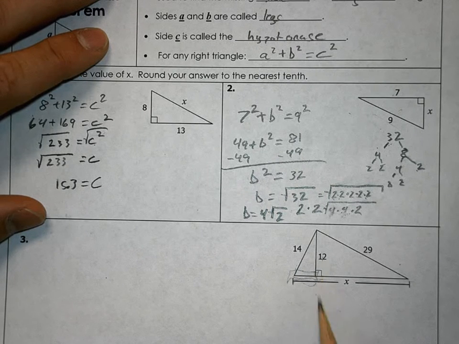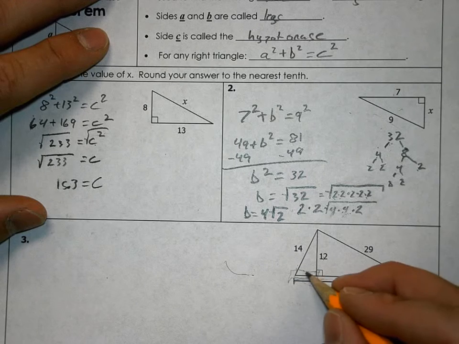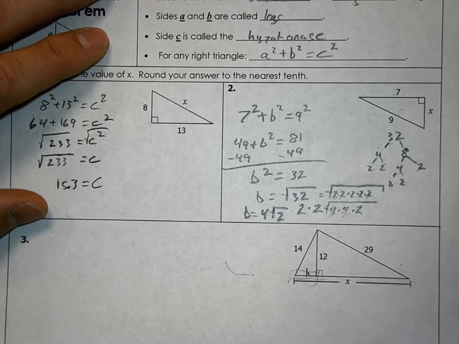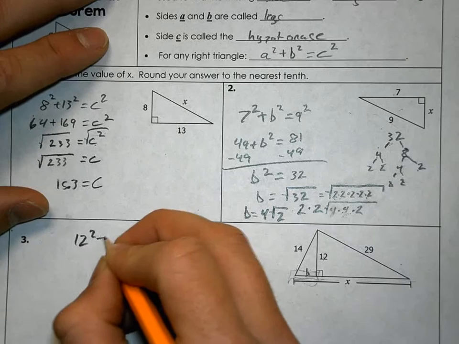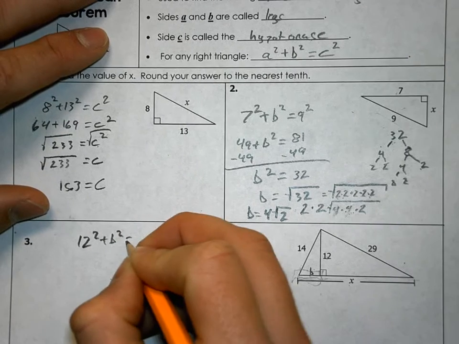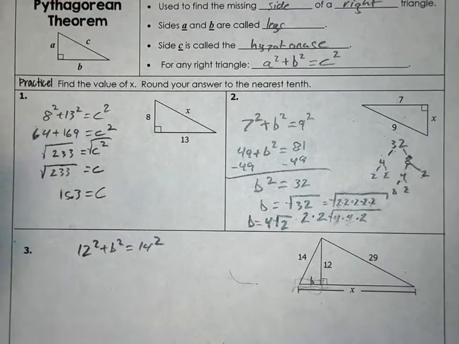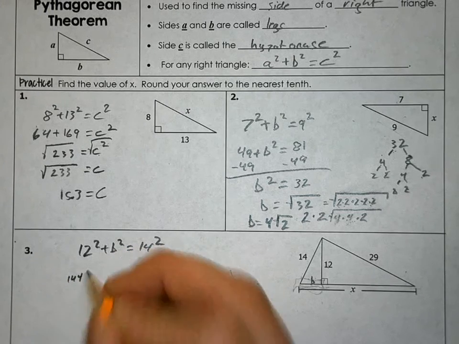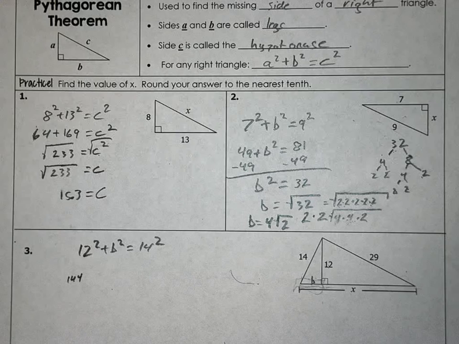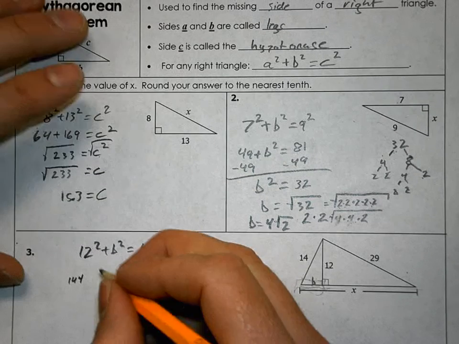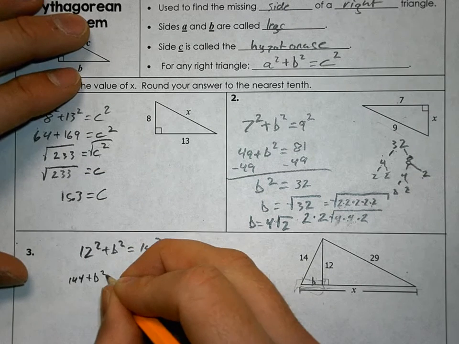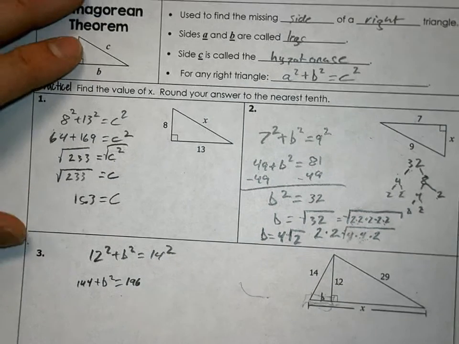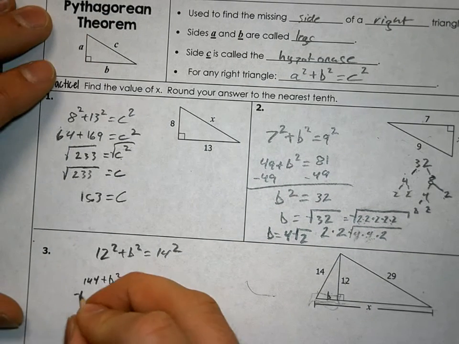So 12 squared, and we'll call this b. 12 squared plus b squared equals 14 squared. 12 squared is 144. 14 squared is 196. Subtract 144 on both sides. Solve for b.